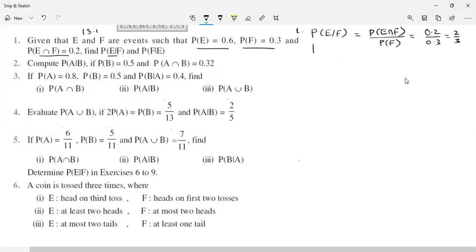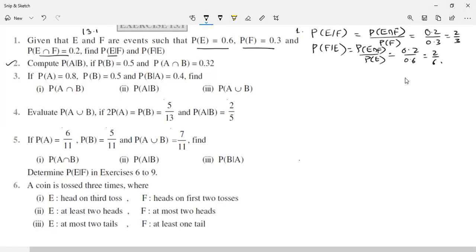Similarly, probability of F when E has already occurred is equal to probability of E intersection F divided by probability of E. The intersection of E and F is 0.2, and the probability of event E is given as 0.6. So 2 by 6. If the values are given, we can easily find it out.